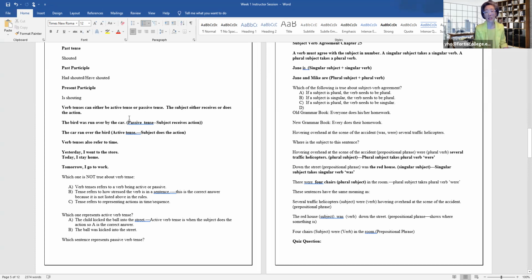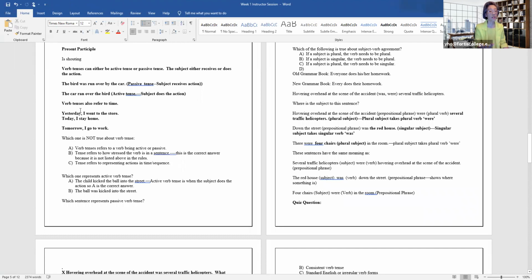So that makes it a passive voice. So every time the subject is receiving the action and not doing anything, then it's passive voice. And then when the subject is doing the action, then it's active voice. So here, while the bird is being run over by the car in passive voice, here the car ran over the bird. So here the subject car is running over the bird.